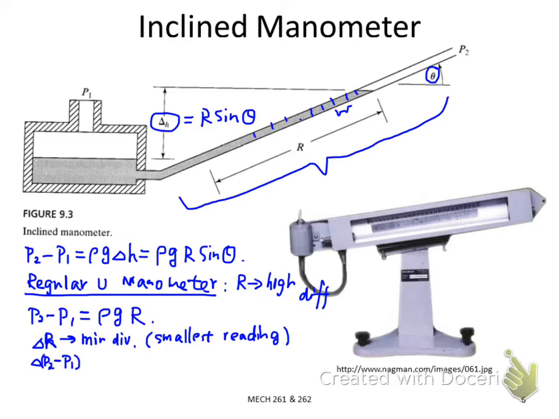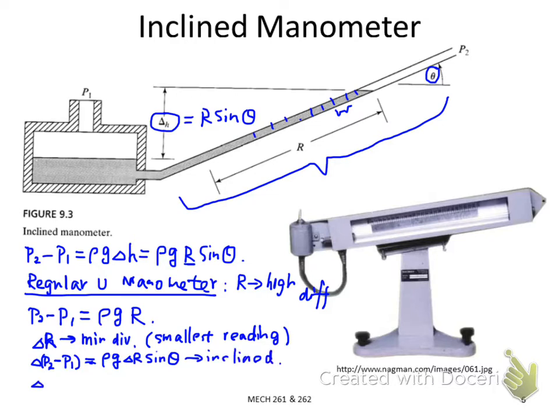This is the smallest pressure we can measure, the resolution. That will be equal to rho g, and the smallest height here is simply ΔR sine theta. That's for the inclined case.